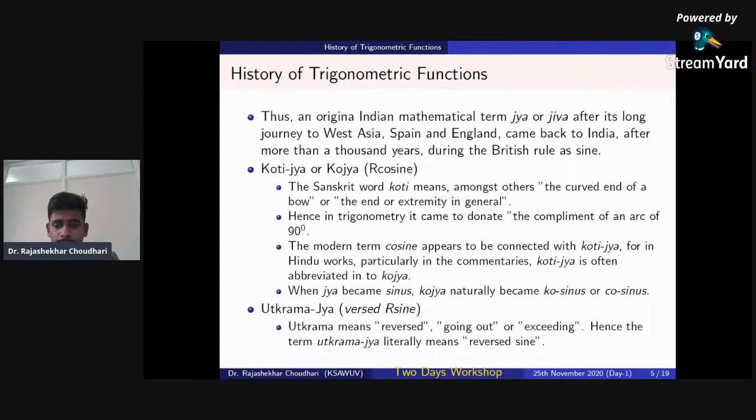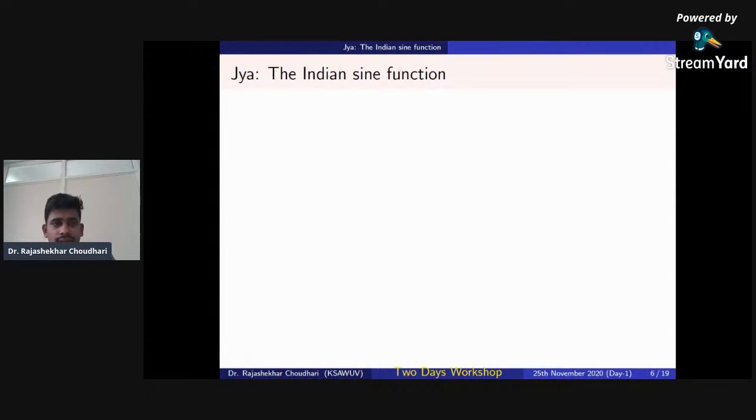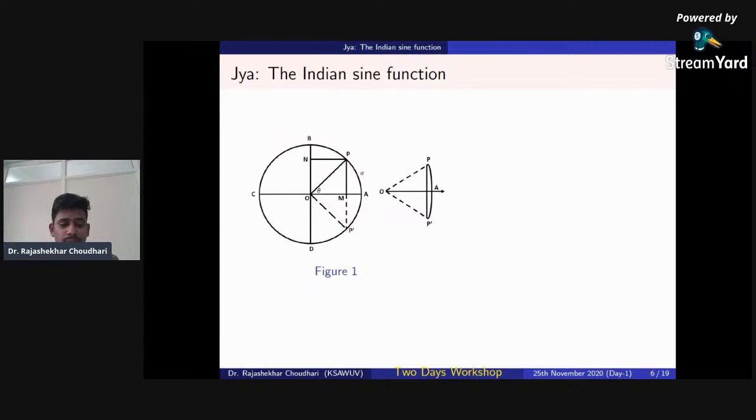Now we look at how the Indians defined this particular ja function, which is also known as the Indian sine function. Just look at figure number 1. What we can see is a circle of arbitrary radius r. Let us take any arc AP whose length is alpha and which subtends an angle theta at its center.